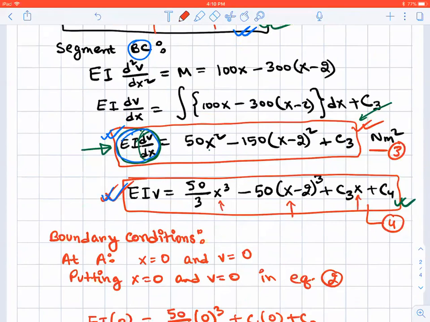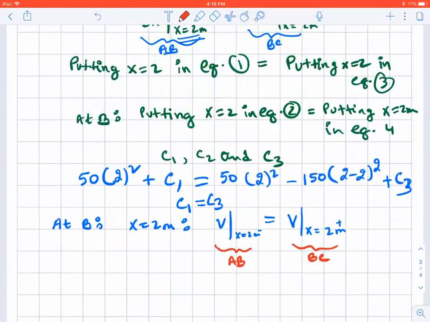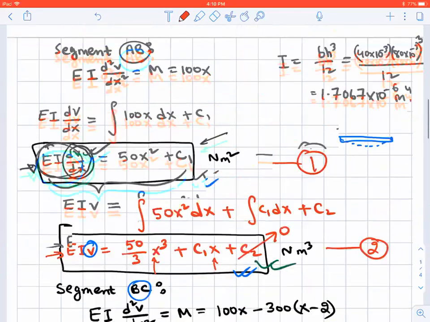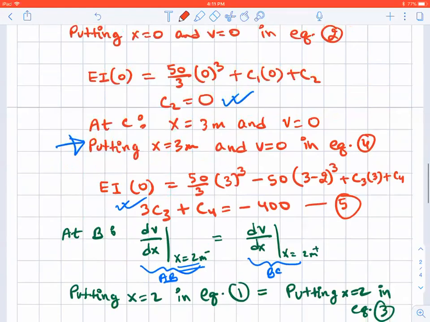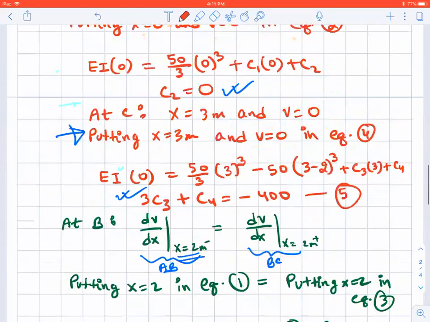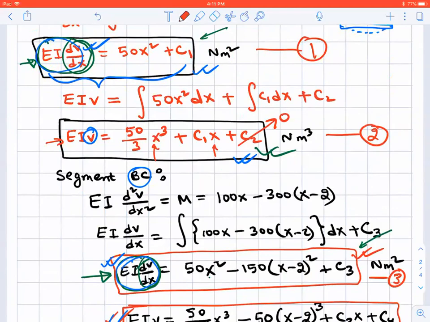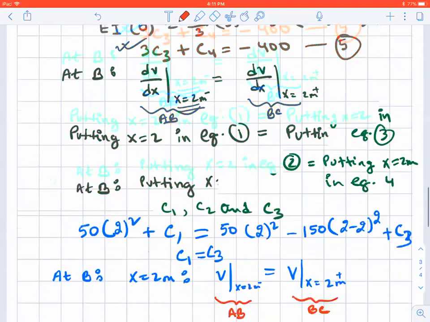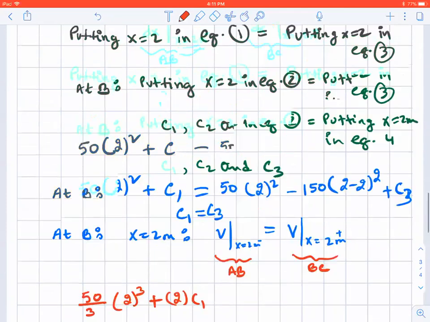So in equation 2, 50 by 3 x cubed, I plug in 50 by 3 times 2 cubed, plus C1 x, so 2 times C1, and C2 is 0.